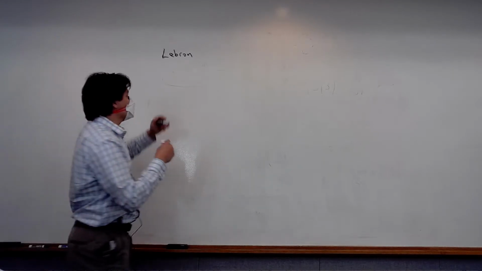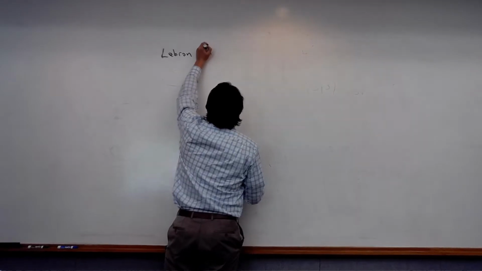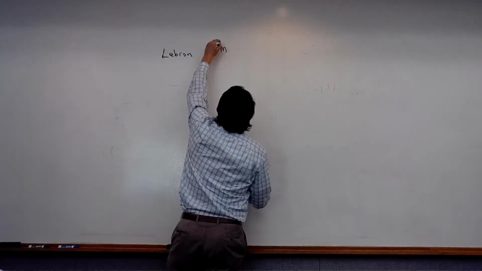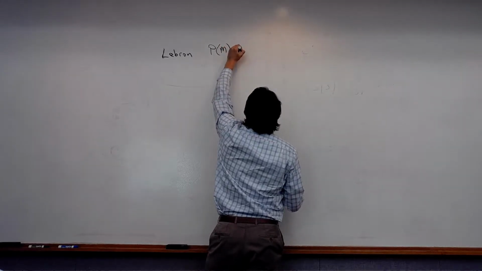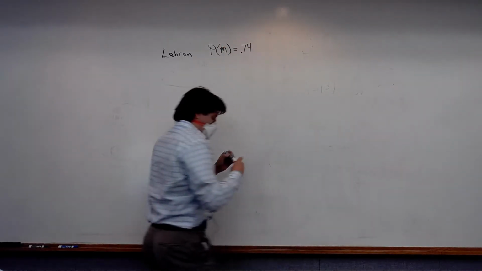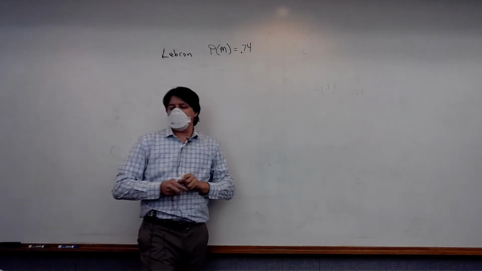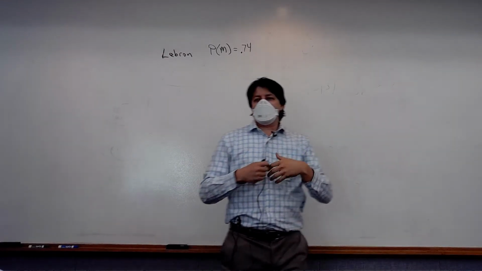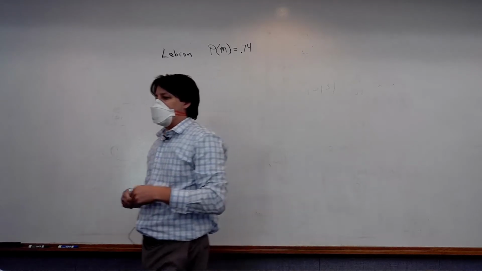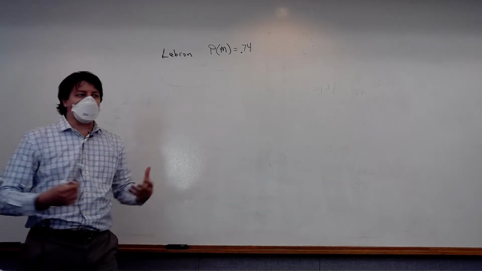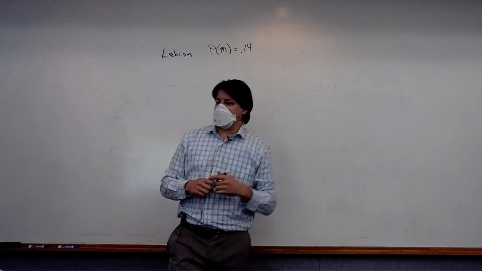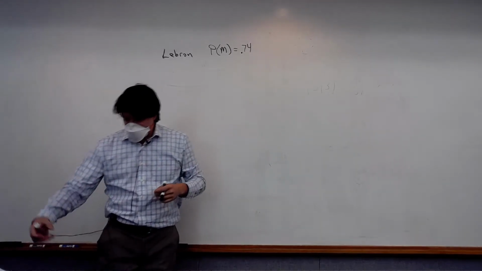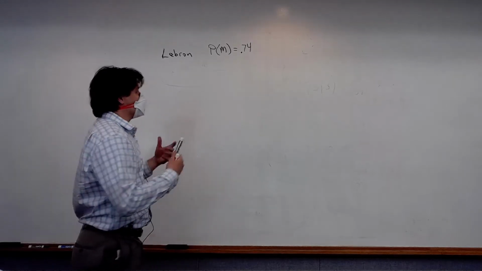The probability of making a free throw for LeBron is 0.74, and we know that from empirical evidence. We've seen LeBron shoot thousands of free throws, and he has made 74% of these, so it's a pretty good assumption that he has a 74% chance of making any free throw that he attempts.